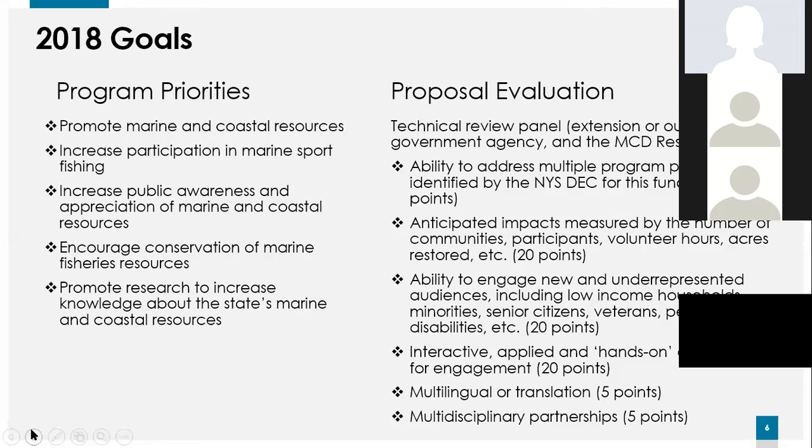The next priority is programs or activities that will increase participation in marine sports fishing. Programs and activities to increase public awareness and appreciation of marine and coastal resources. Also, activities or projects to encourage conservation of marine fisheries resources. And finally, programs or activities and projects to promote research to increase knowledge about the state's marine and coastal resources.